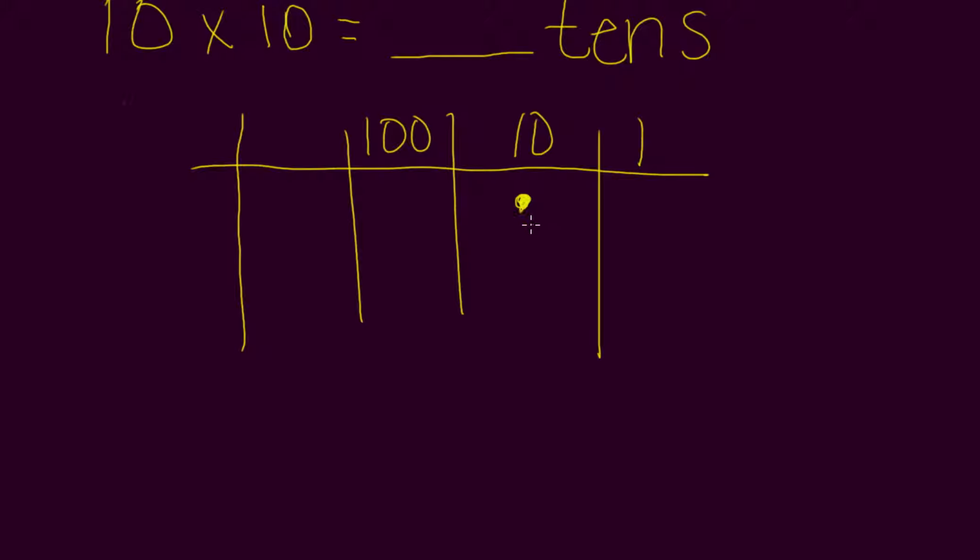If I times this by 10, I have 1, 2, 3, 4, 5, 6, 7, 8, 9, 10. That is one group, remember, and we have to move that over. So that would equal 100.